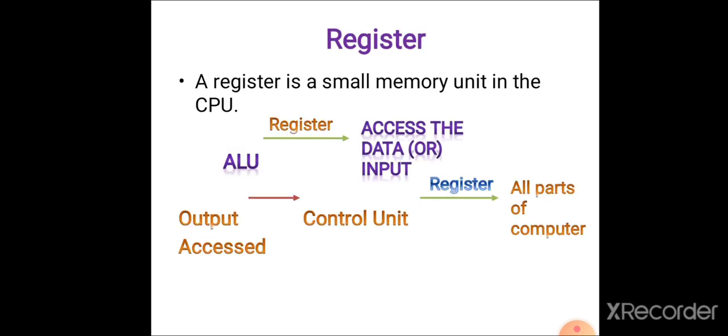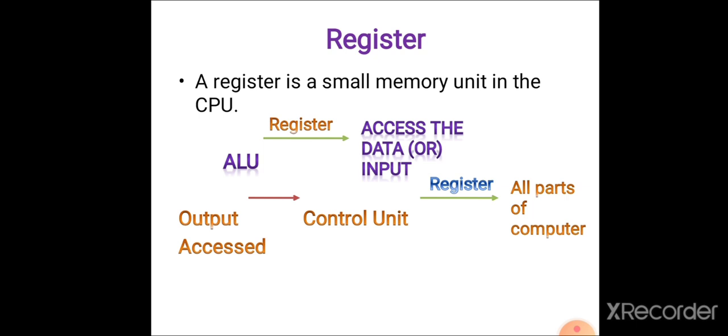Now, before going to learn what is control unit, let us see what is a register. Register is nothing but it is a small memory unit which is located in CPU. What does this register do? Say in previous slide I have given you an example of 70 and 30.